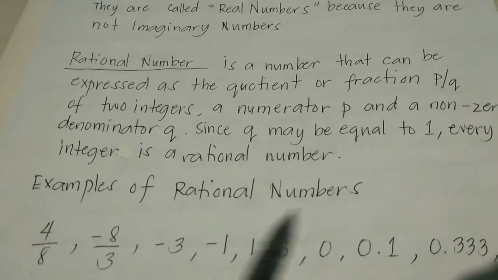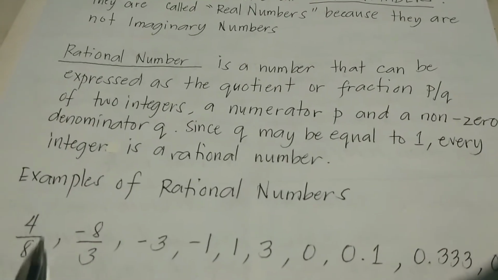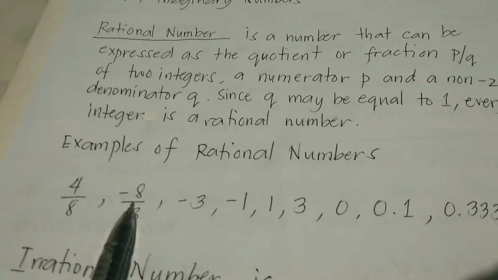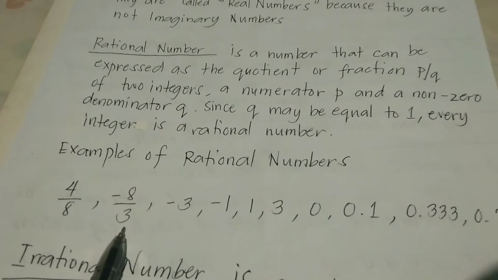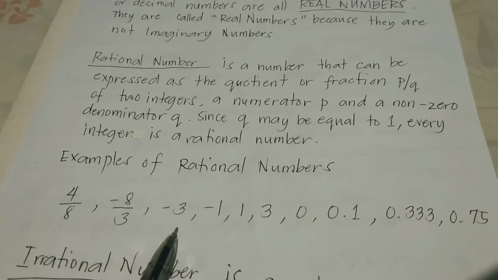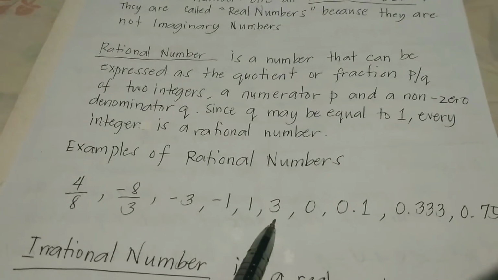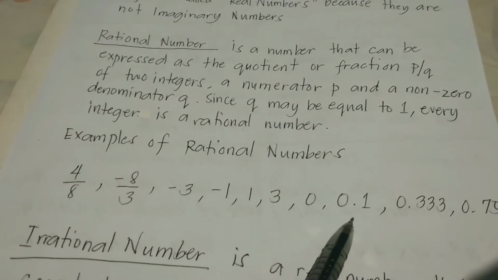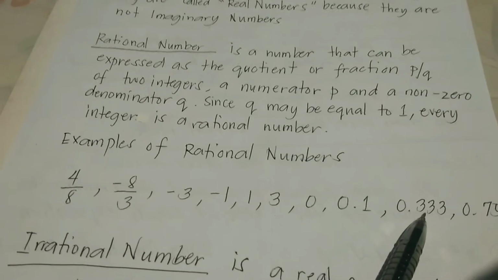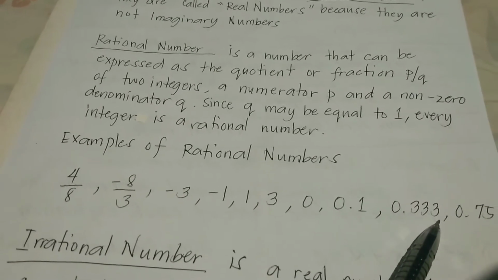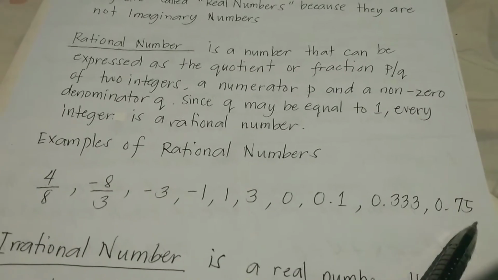Examples of rational numbers are 4 over 8, negative 8 over 3, negative 3, negative 1, positive 1, positive 3, 0, 0.1, 0.333, 0.75.